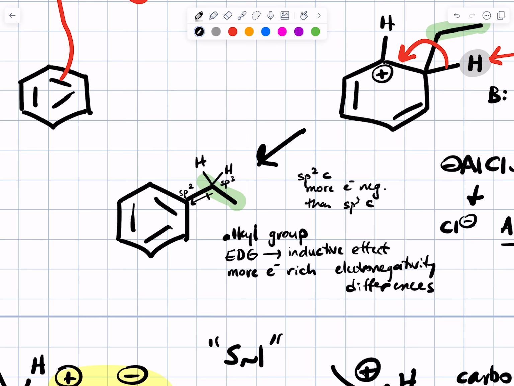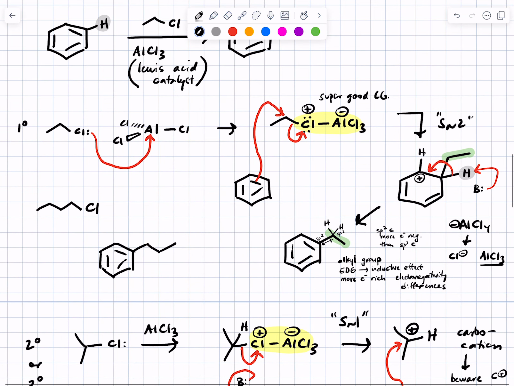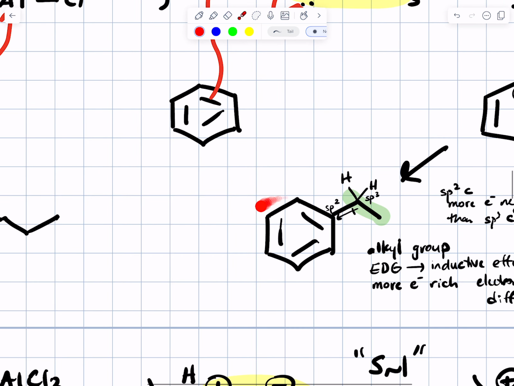Now, when the product of a reaction is more electron rich than the starting material, you do have to worry about the possibility of the product competing with the starting material for remaining reagents. That is a worry that your text talks about in a small amount of detail, but we will ignore.